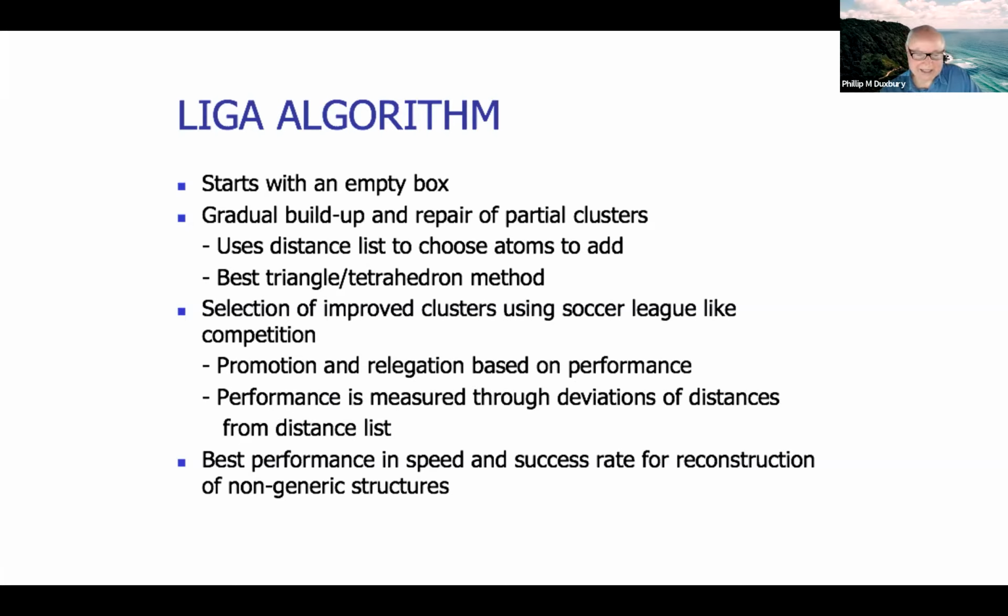And we take out that atom, we relax it, and then take it down to the lower league in the tournament. And then if we have a high performing cluster, we add an atom, and we do k-lateration. And performance is measured through deviations of distances from the reference distance list.